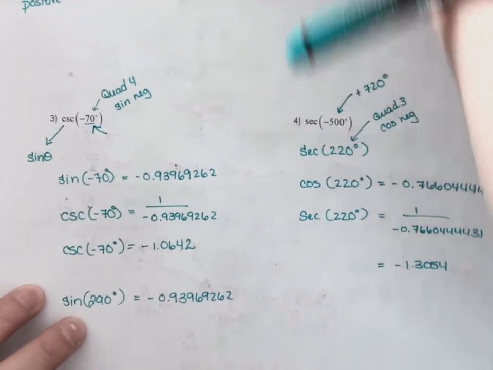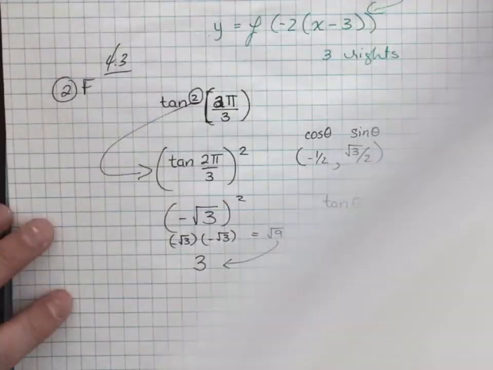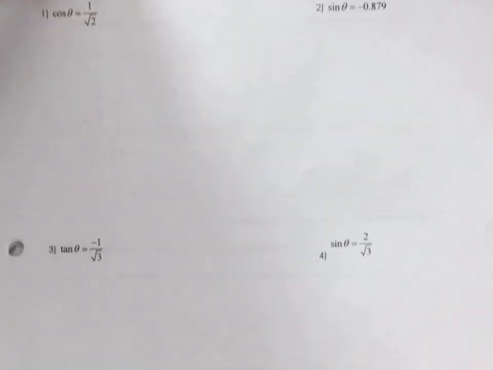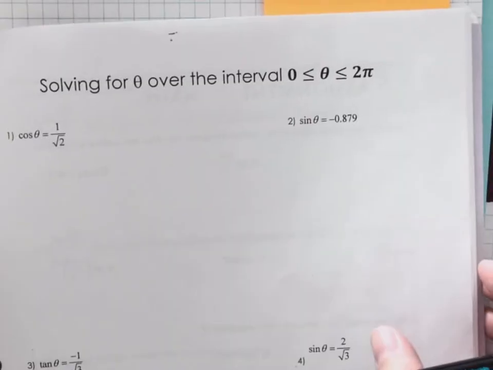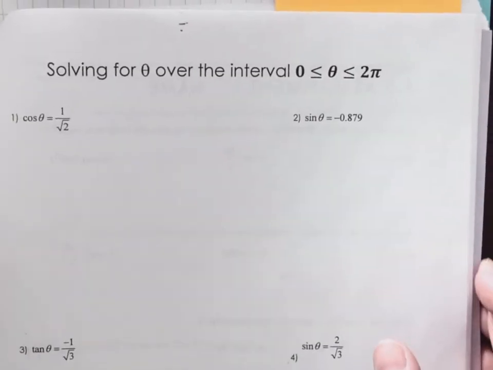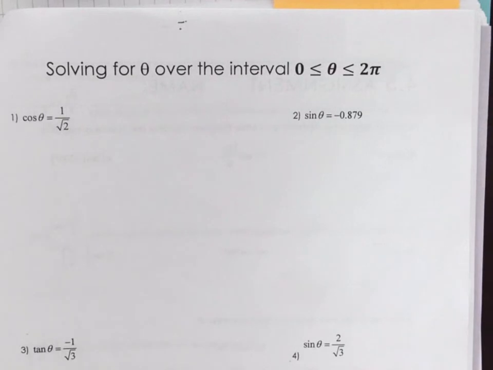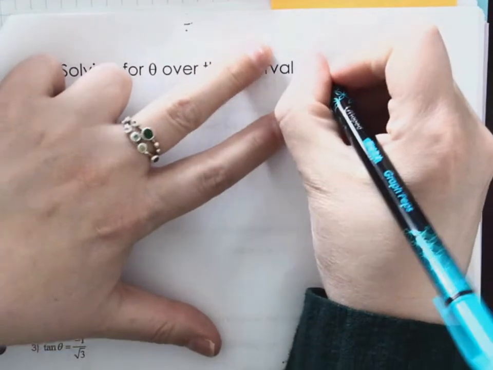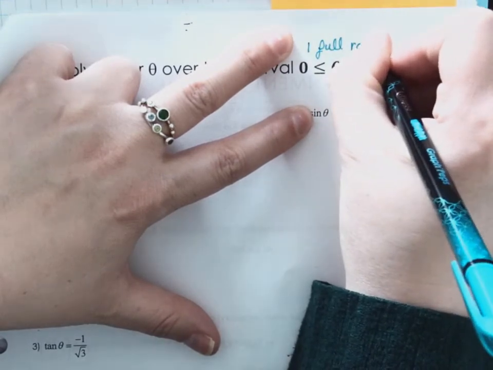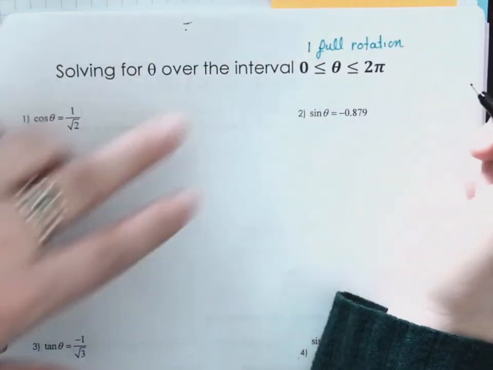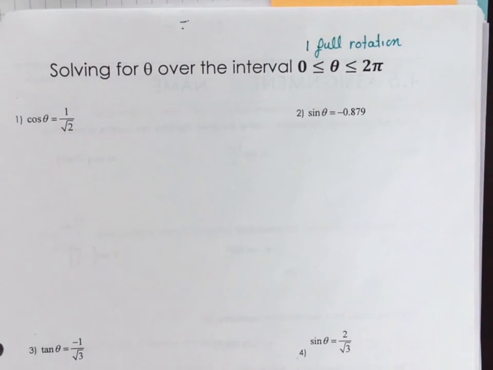Calculator is awesome. And now we're back to restrictions. Restrictions are back. This one's a nice restriction though, everybody. Just one rotation. This is one full rotation. Start at 0, end at 2 pi.